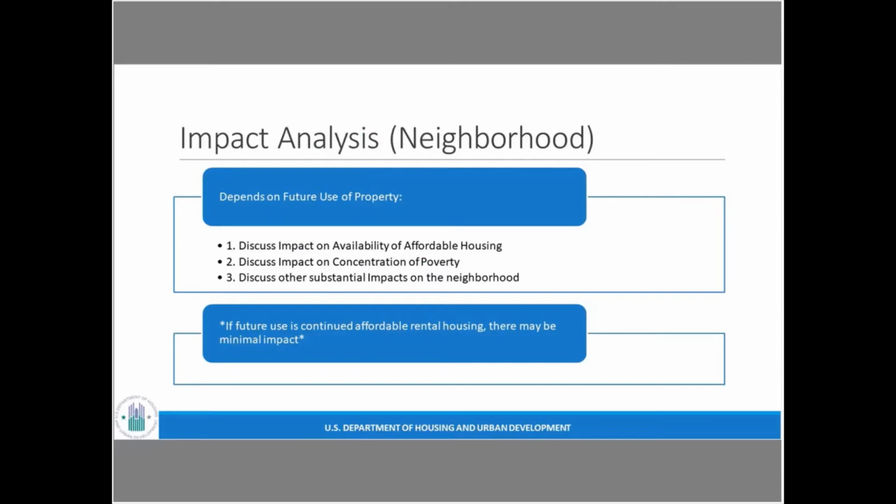Now, if the future use of the property is going to remain affordable rental housing for the same income targeted families, 80% and below of area median income, there may be very little impact on the neighborhood under any of these factors. But regardless, we're going to want to see some kind of description.